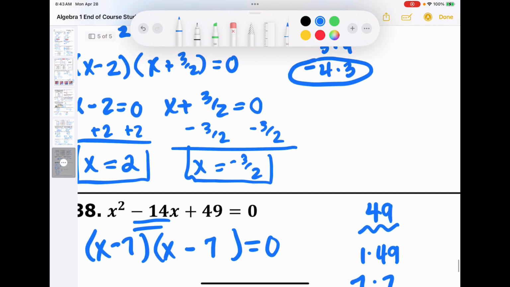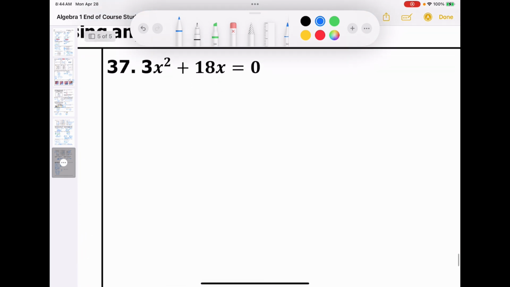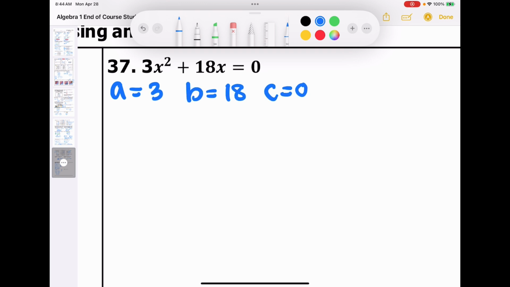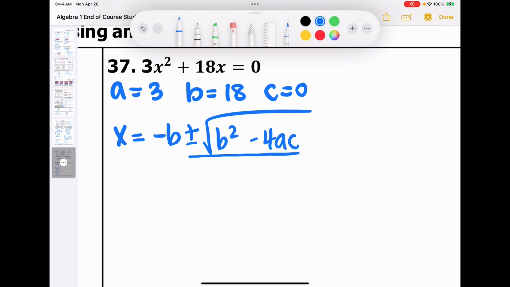All right, for the last two, I'm going to be using the quadratic formula. So I need my a, b, and c values. And then that's the quadratic formula. So I'm just going to plug the numbers in.